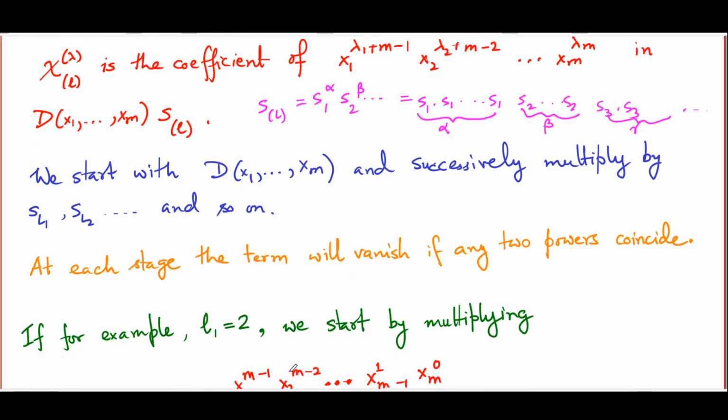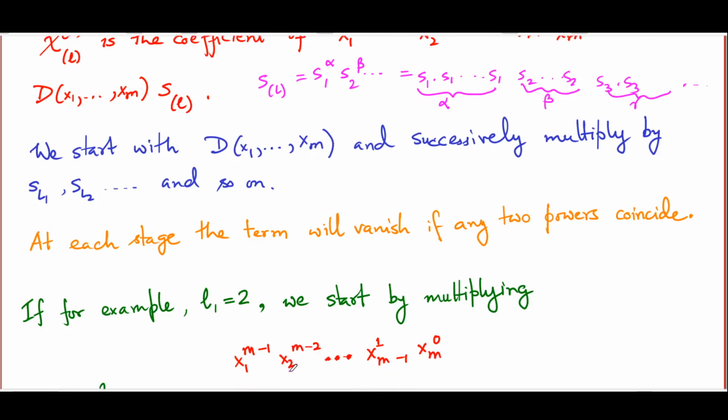So, in order to see how this goes, let's start from the very beginning. In the beginning, we had D(x1 ... xm), and the term that we were looking at essentially has an entry x1 to the m minus 1, x2 to the m minus 2, all the way down to xm to the 0. Of course, this is not the only term of this kind. All its antisymmetrized combinations will also be there in the D, but we are going to focus on this particular term.